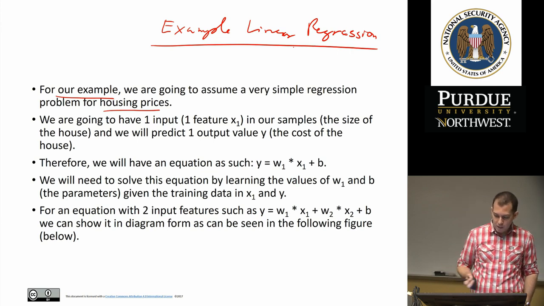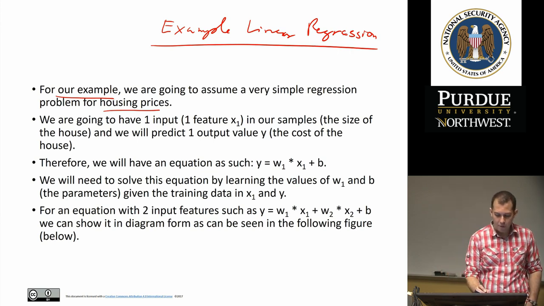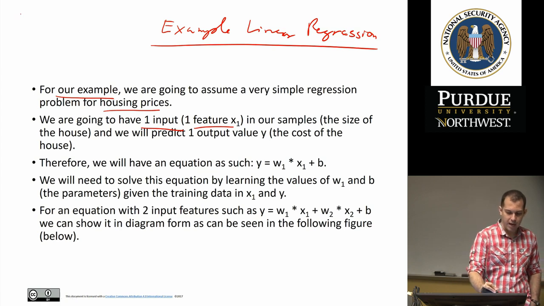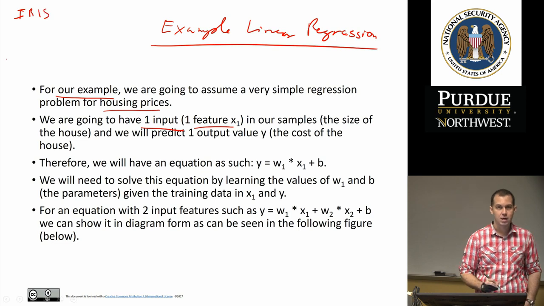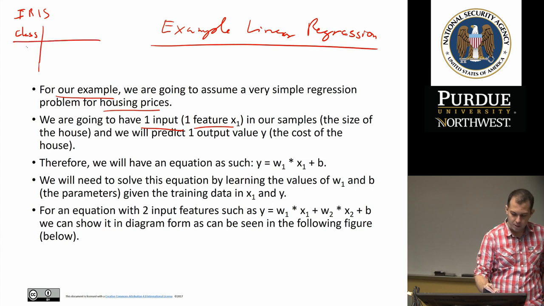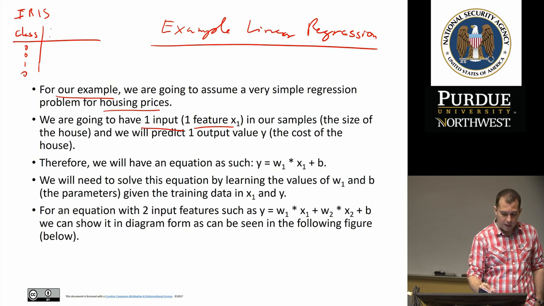So what do we need to have here? We are going to have one input, that is to say one feature. To put this into context, when you did the Iris data set, which is one of our easiest, we had the class, right, which was Setosa, Virginica, etc. And then we had four features: F1, F2, F3, F4.